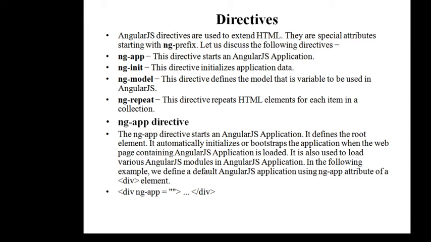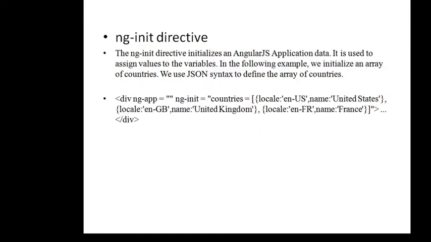In the following example, we define a default AngularJS application using the ng-app attribute of a div element. div ng-app equals double quotes, and then the div tag should be closed. Now second is the ng-init directive. The ng-init directive initializes AngularJS application data. It is used to assign values to the variable. In the following example, we initialize an array of countries.